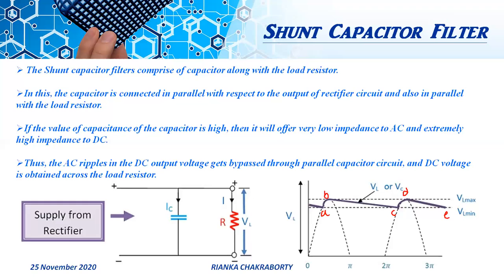So during the next positive half cycle, when the rectified voltage exceeds the capacitor voltage represented by point C, the capacitor is again charged quickly to the maximum voltage, represented by point D. This is this portion. So the process of charging and discharging of the capacitor is repeated for each cycle of the input supply voltage. So this is the working principle of shunt capacitor filter.